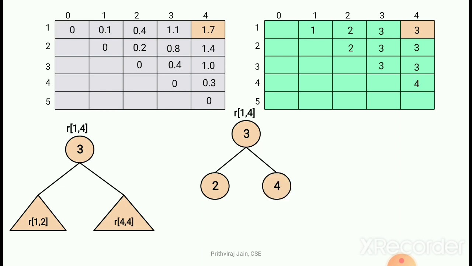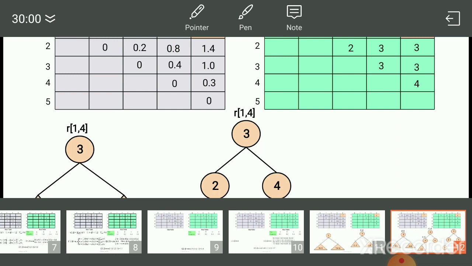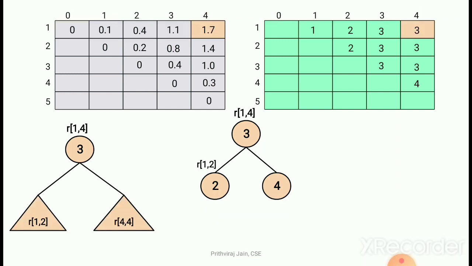So we got 2 on the left side and 4 on the right side. Now for r of 1 comma 2, 2 is the key value, and if I apply the standard form again, we get r of 1 comma 1 towards the left side.